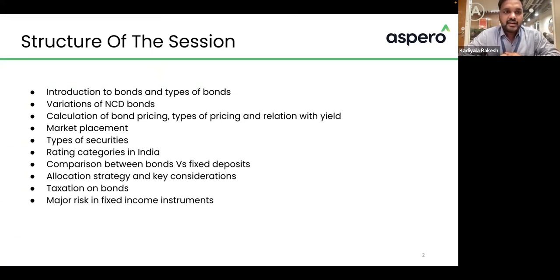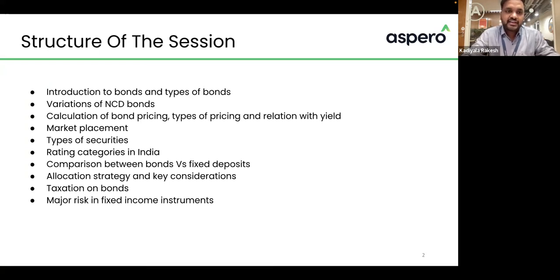Later we'll cover the variations of NCD bonds and how the calculation of bond pricing, types of pricing, and the relationship with the yield part. And we'll talk about market placements, type of securities, rating categories in India, comparison between bonds versus fixed deposits, and allocation strategy, and the key consideration that you need to look into from your end investor point of view. And later we'll cover the taxation on bonds and major risk that is involved in the fixed income instruments.